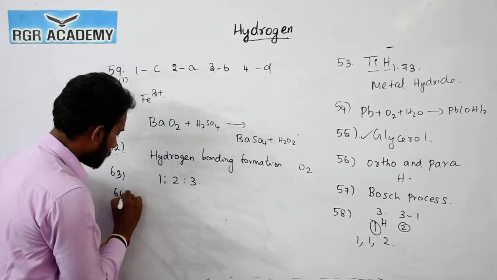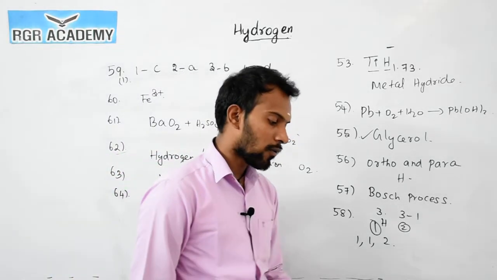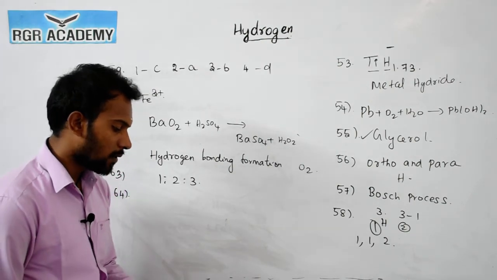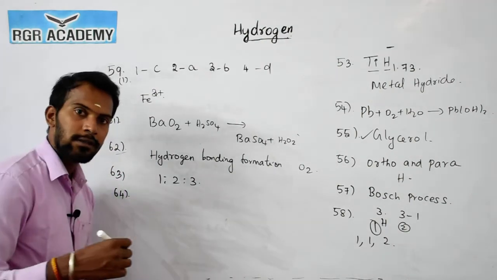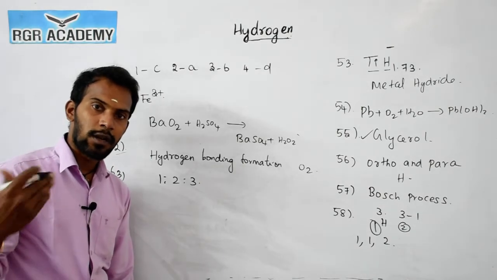Now the question number 64, the temperature of maximum density of H2O and D2O respectively. For example, D2O has more atomic weight, right? So if atomic weight increases, the temperature also will increase.